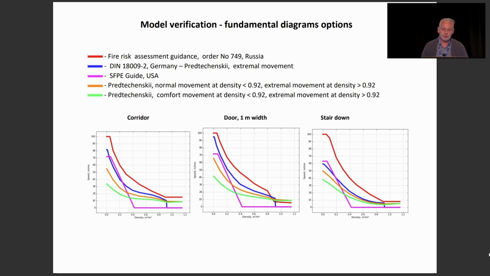Also, we have used the functions from a fire risk assessment guide that is used in Russia, and the functions from SFPE guide from United States. There are differences between these functions. The differences are shown on the slide.